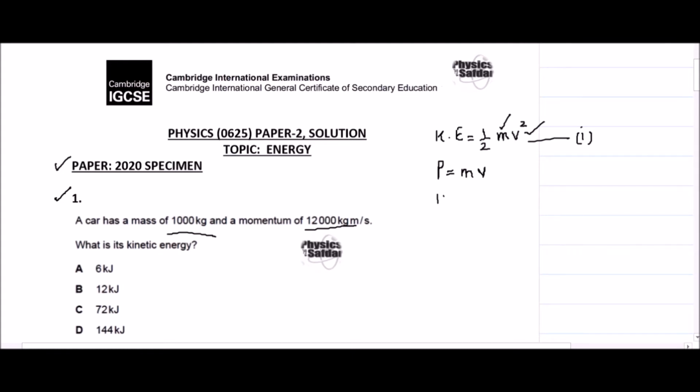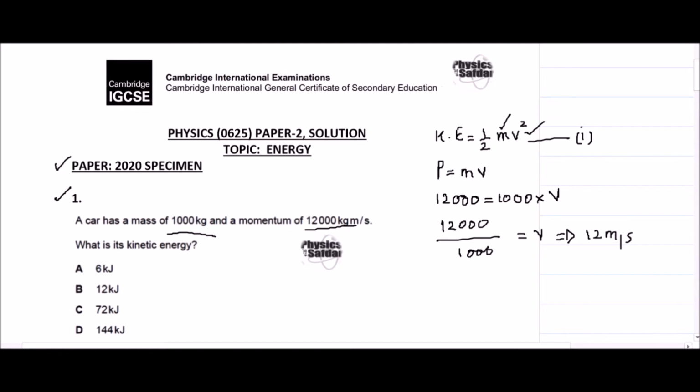Momentum is given as 12,000. Mass of the car is 1000. Then you can find the velocity of the car easily. 12,000 over 1000 gives velocity. After simplification, we get 12 with unit meter per second.